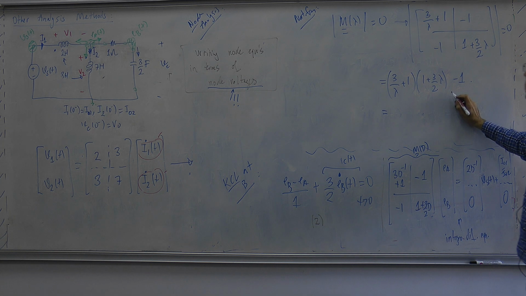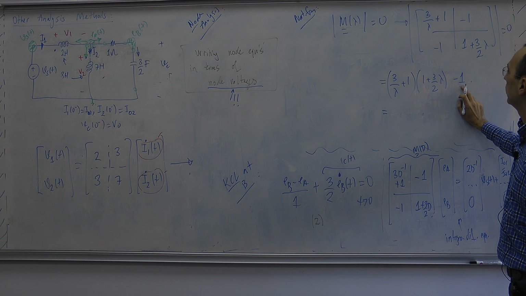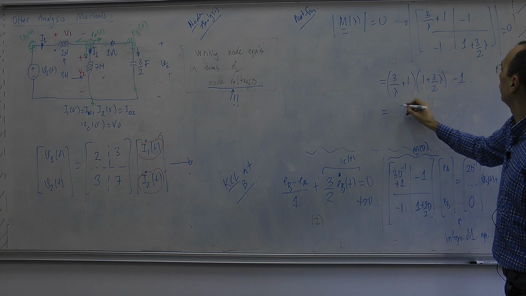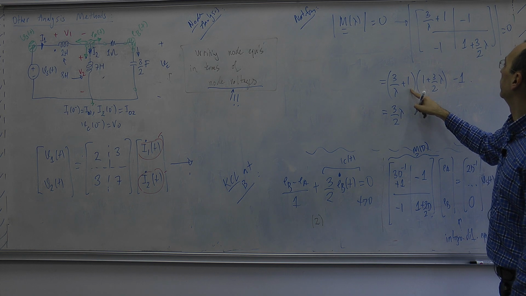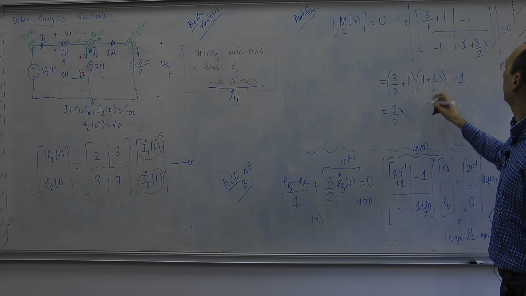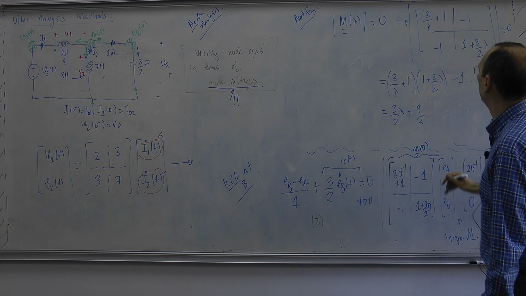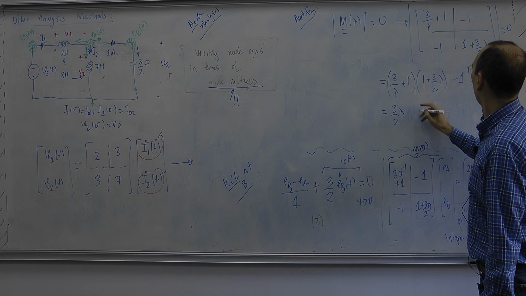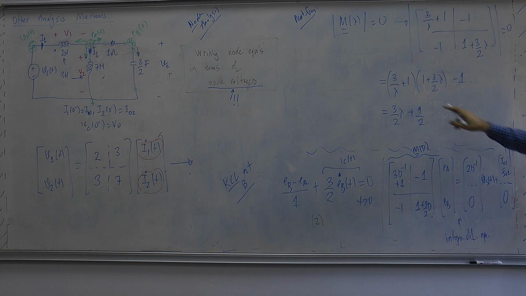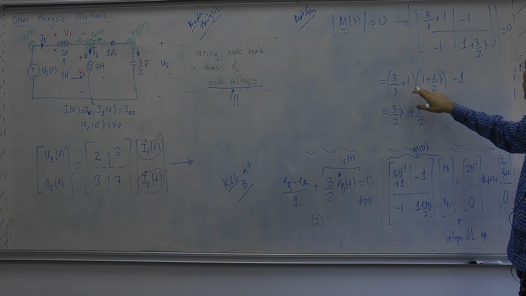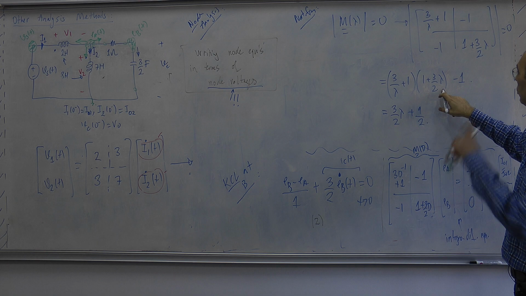Well, if I check this, I get 1 minus 1. So I get a 0 over here. So I get this term as 3 over 2 lambda. Okay. And I have plus 9 over 2. Is this correct? 3 over 2, 9 over 2, plus 1, and 3 over 2 lambda.